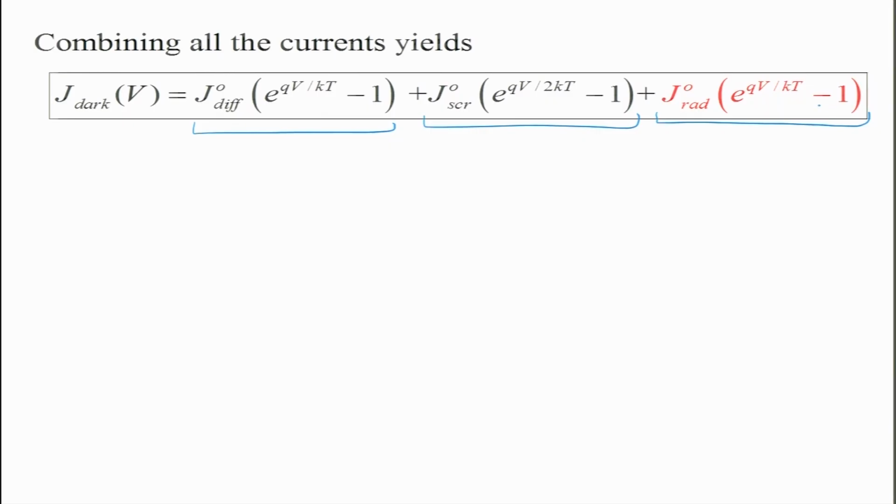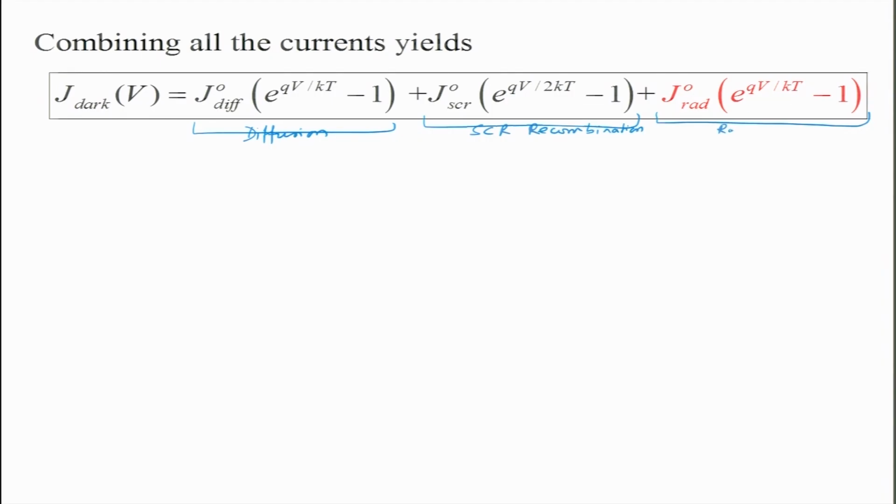So there are three components of dark current. One is the diffusion current, another is the space charge current, and third is the radiative current. So this is for diffusion that we took for similar p-n junction analysis.